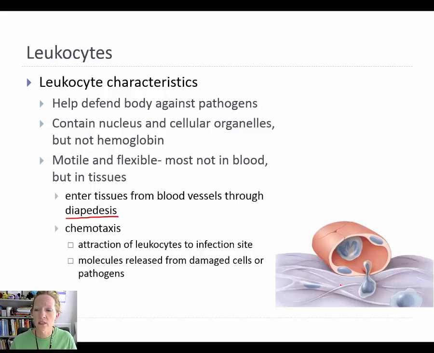And once those damaged cells and pathogens release these molecules, the leukocytes can "smell" them. I don't want to use the word smell, that's why I use my quotes, but they are attracted to the molecules, and that is called chemotaxis. It's a positive chemotaxis, and that's how they know where they are going to be.